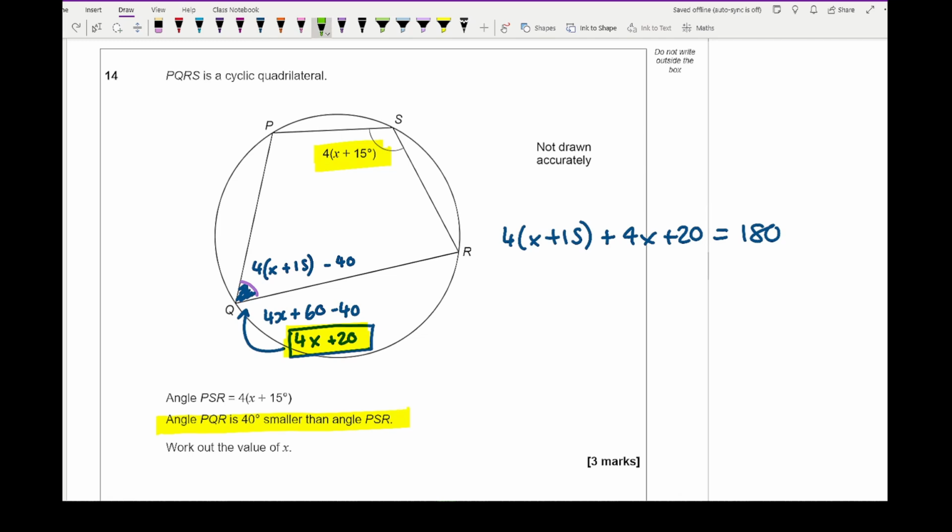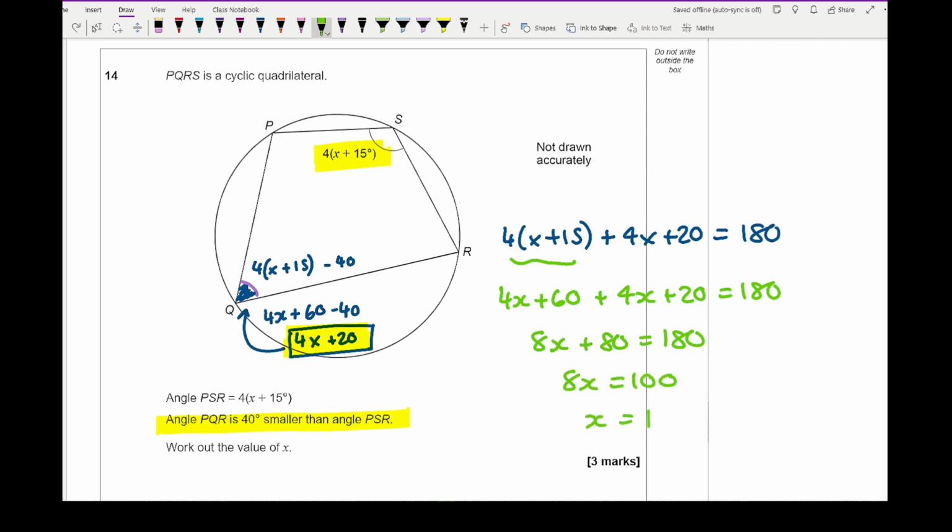Now if I expand this out, what I end up with is 4x plus 60 plus 4x plus 20 equals 180. Collect the like terms and simplify. We get 8x plus 80 equals 180. 8x equals 100. So x gives me an answer of 12.5. And there is my value of x.